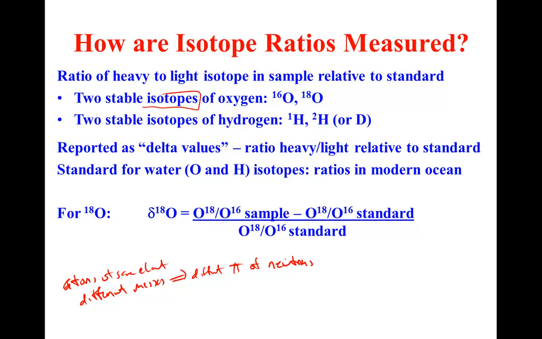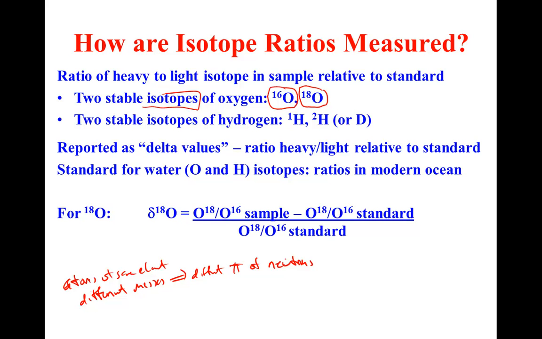Turns out that there are two common stable isotopes of oxygen: oxygen 16, with 8 protons and 8 neutrons, and oxygen 18, which is a little bit heavier, because although it has 8 protons, which is how many you need to have oxygen, it actually has 2 more neutrons, 10 neutrons in total, giving it a higher atomic mass.